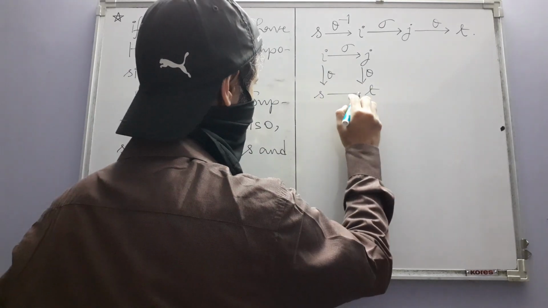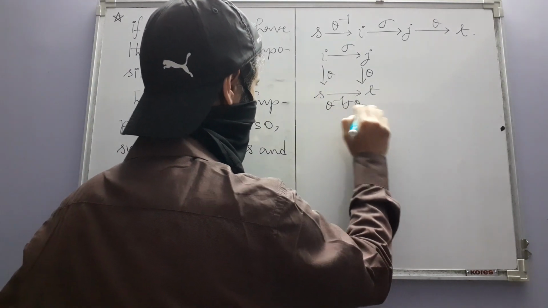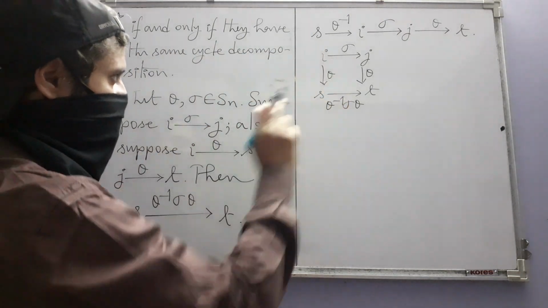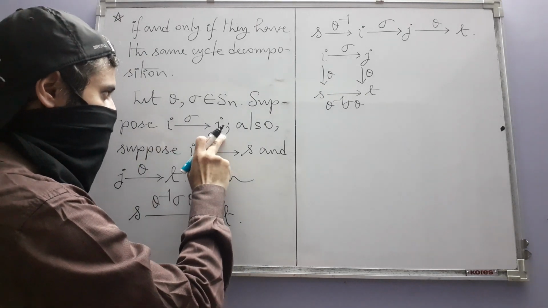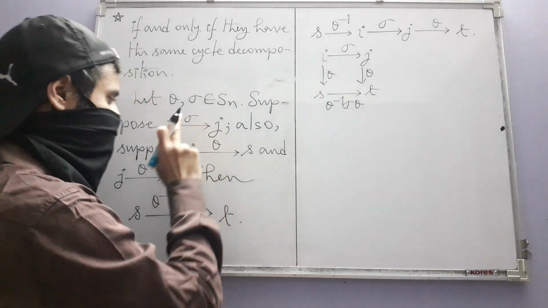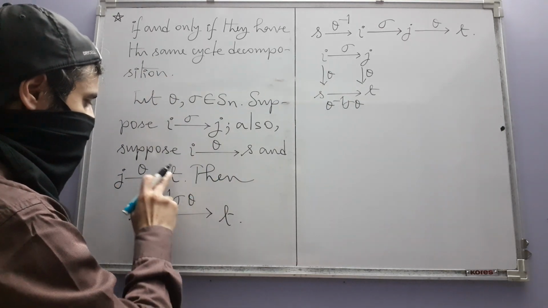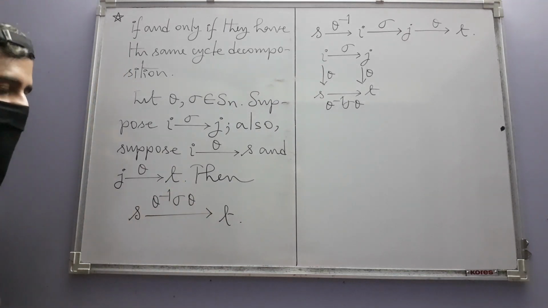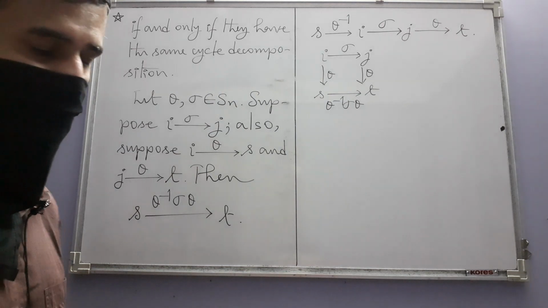But it turns out that that is just what theta inverse sigma theta does. So if you follow this rule and replace all the symbols appearing in sigma by their respective symbols under theta, then that will simply give you theta inverse sigma theta. It is just as simple as that.